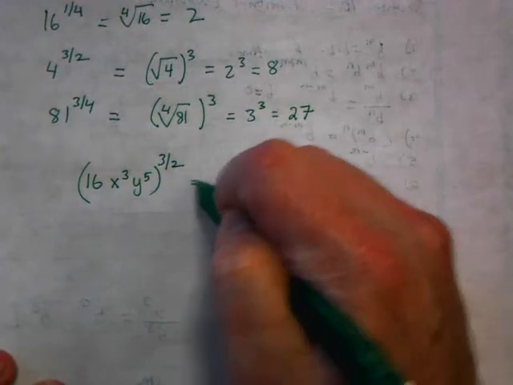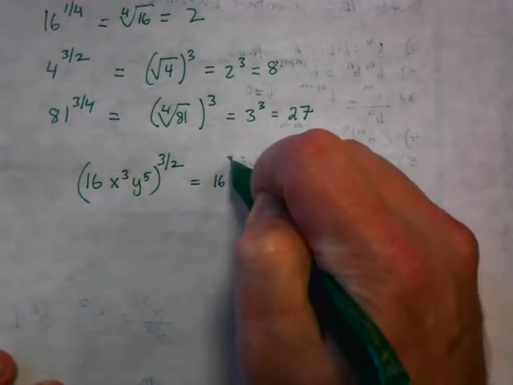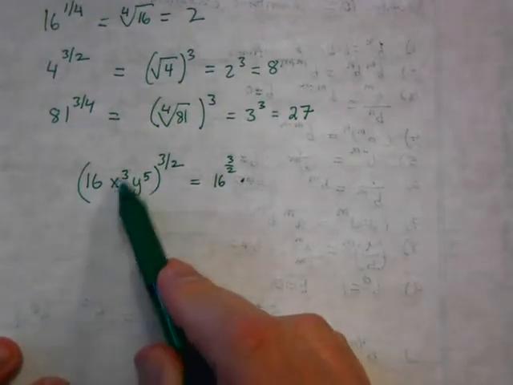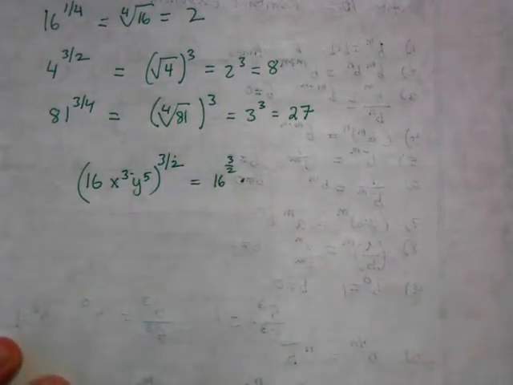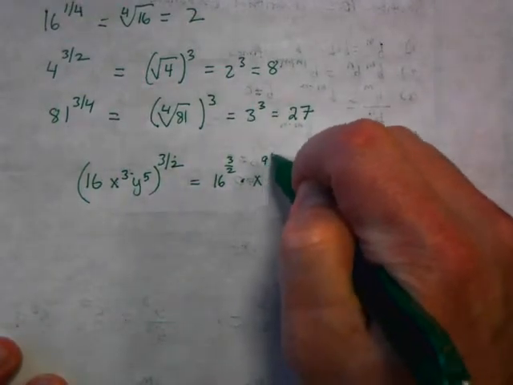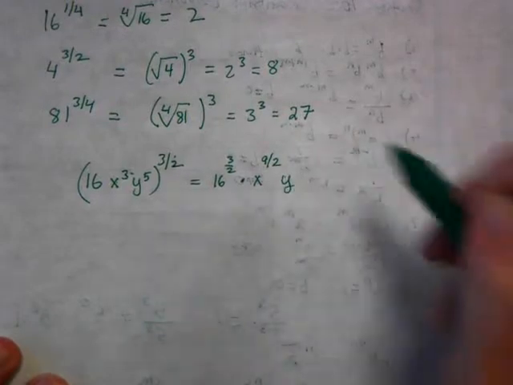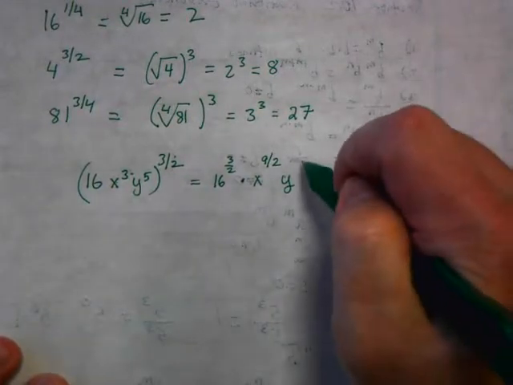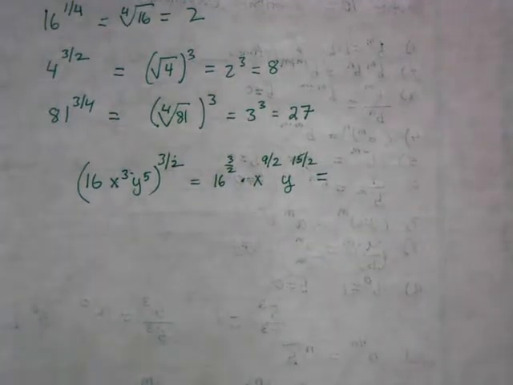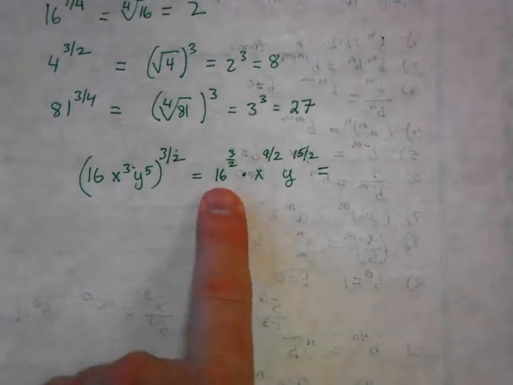So we're going to have 16 to the 3 halves times. What happens when I take x cubed to the 3 halves? I multiply those exponents, so I get x to the 9 halves. Same thing with the y to the 15 halves. The last thing you should do on this one is simplify 16 to the 3 halves.